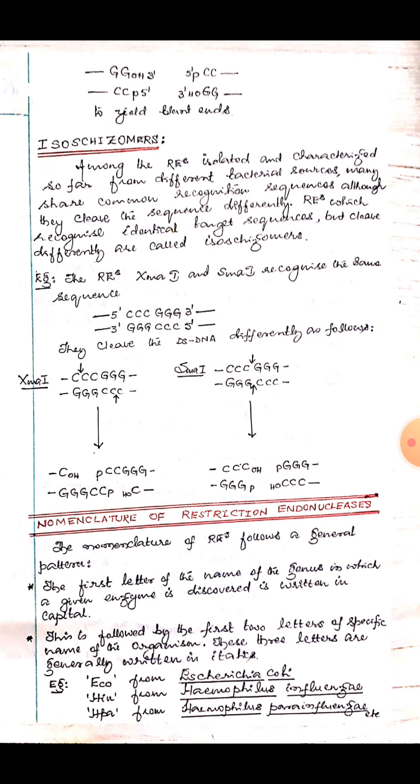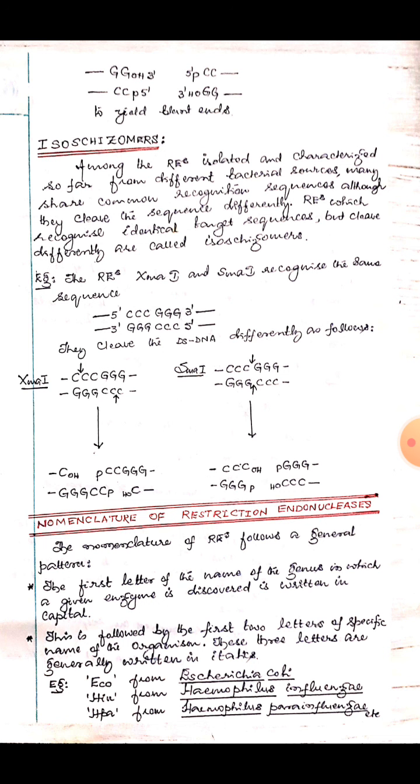Say for example, if I write ECO, capital E stands for its source. It tells us that this particular enzyme has been extracted from Escherichia coli. That's the first principle.